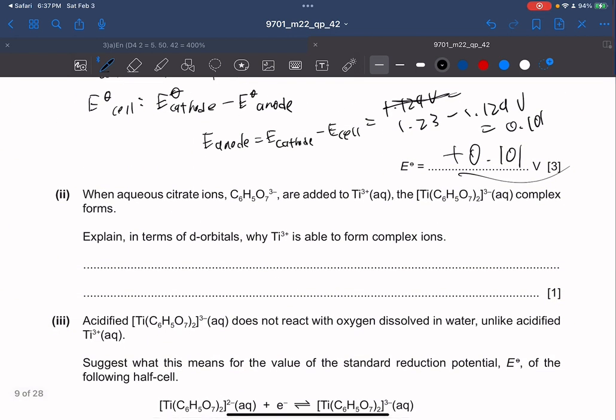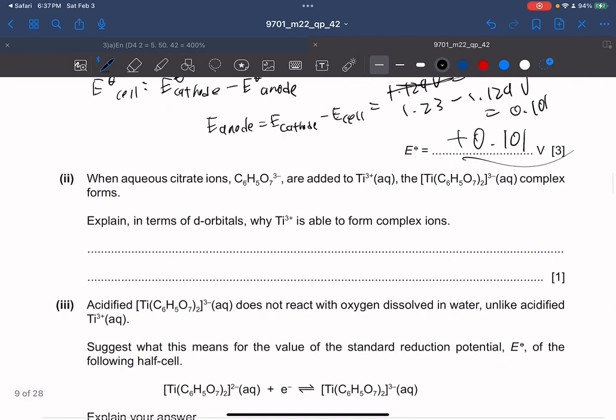Okay, next question. When aqueous citrate ions are added to Ti3 plus, the complex forms. I think this is a 1 mark question, but it's probably safer if you write down 2 points. So the reason why it can form complexes is because in its d orbitals there are spots which are empty or vacant.